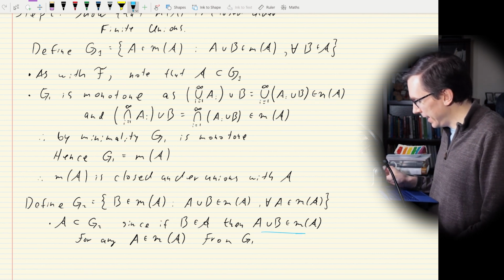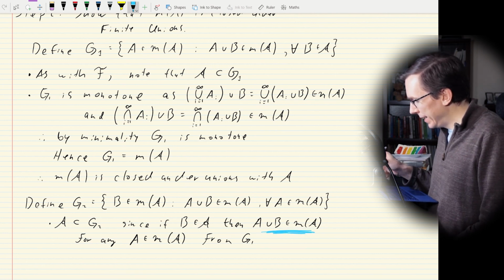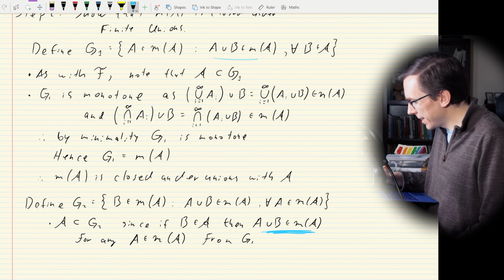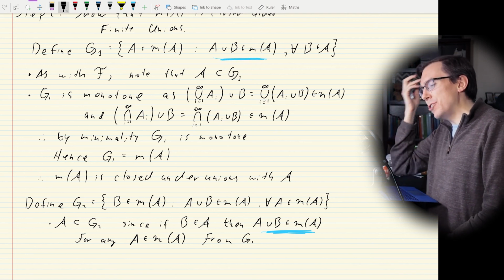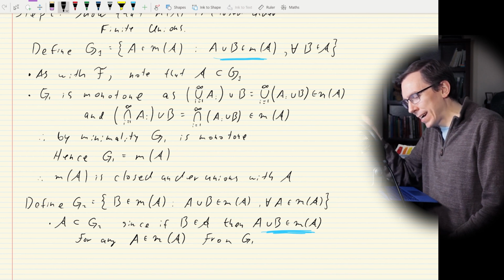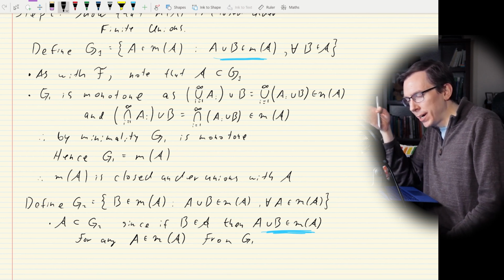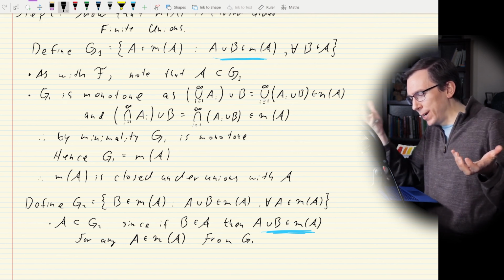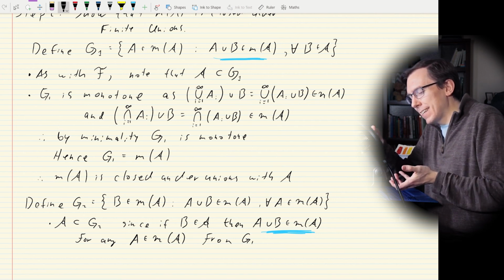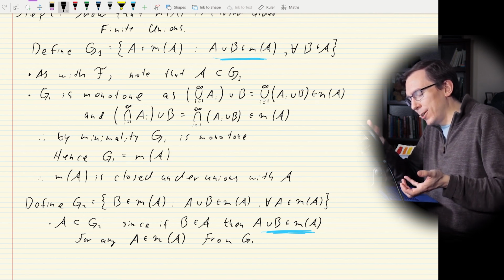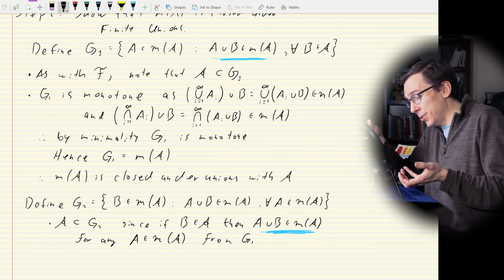This thing up here. So that's why we need G1. We can't just attack it directly with G2, so we use G1 to show that we can take unions with one element in M_A and one element in A. And then what that implies here is that the field A is also a subset of G2.